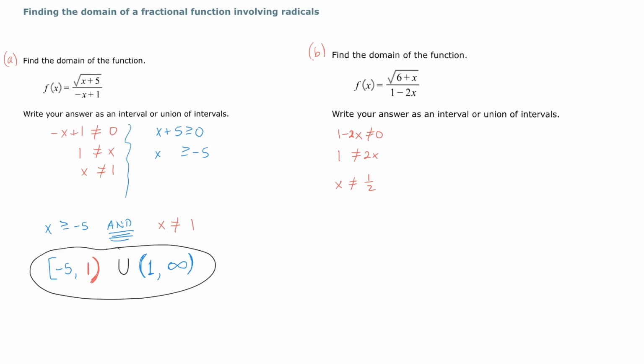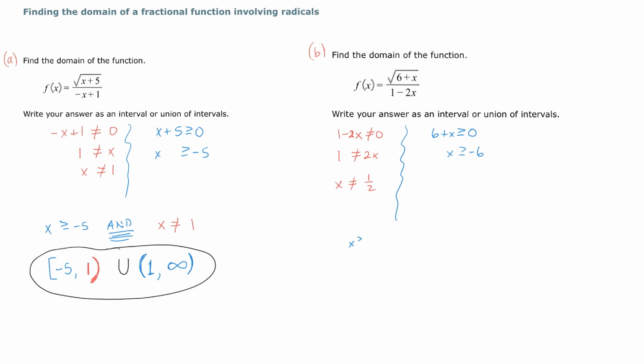Now we're going to analyze the radical. Remember, for the radical, we can only take the square root of positive numbers or numbers that are equal to 0. So 6 plus x is greater than or equal to 0. x is greater than or equal to negative 6.